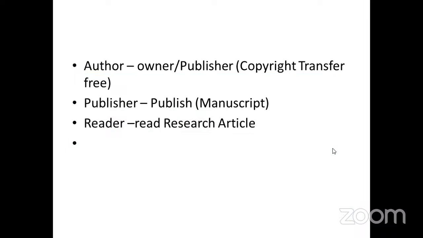Here I have said that the author is the owner, or sometimes we give a copyright transfer to the journals. If your manuscript has been given to the publication house, it is called a manuscript.